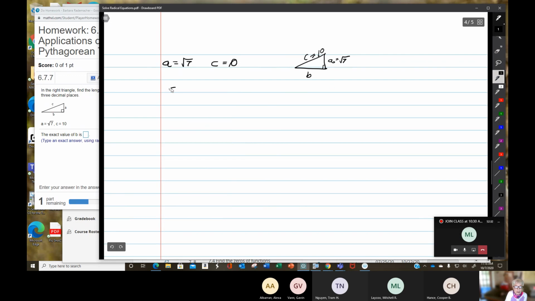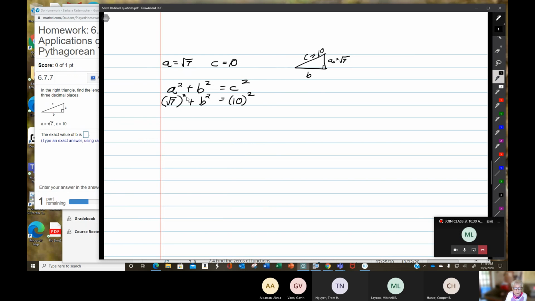Okay, well, I start off with A squared plus B squared equals C squared. So A squared is going to be the square root of 7 squared. Plus B squared, nope, don't know what B is. And C is 10, which means we'll have 10 squared.